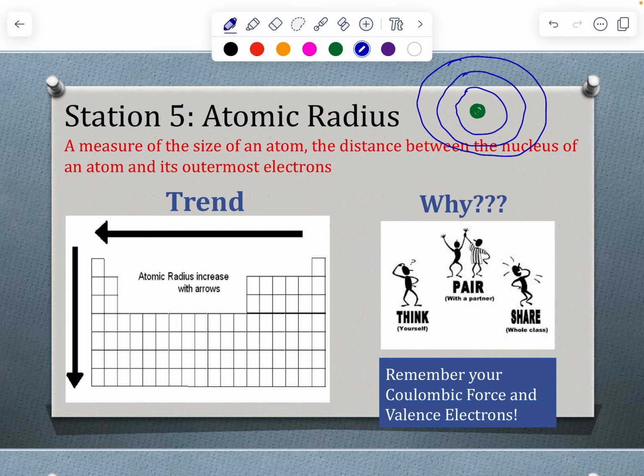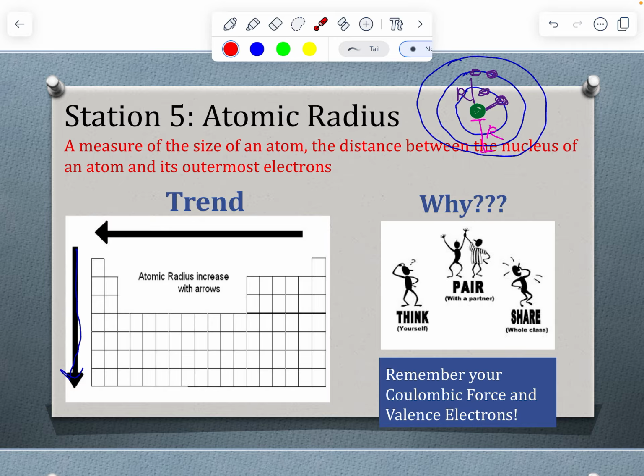As I'm going down those energy levels, if I have 1 here, my valence electrons are pretty close. But then if this shell is full, now my valence electrons are in the 2nd energy level, and that radius is going to get farther away. So atomic radius is looking at the distance between the nucleus and the outermost valence electrons, in that highest energy level.